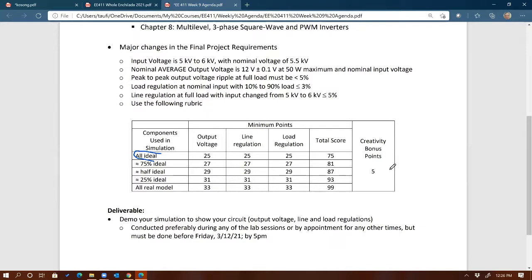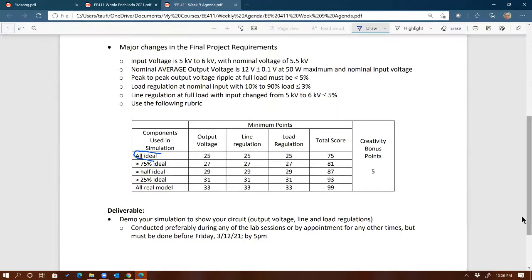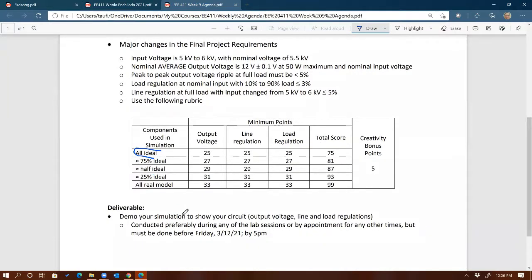Any questions on this? Oh, before I answer any questions, the deliverables also have been changed from the ones that I have in the syllabus. Now you just need to demo your simulation, and you need to show me all these three things, right? Output voltage, line regulation, load regulation, right?